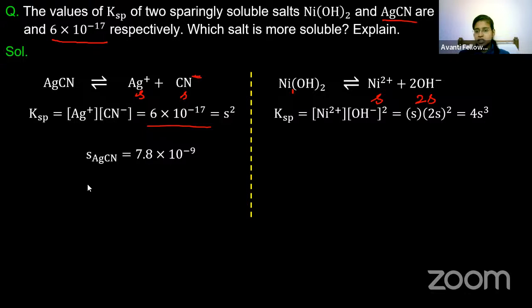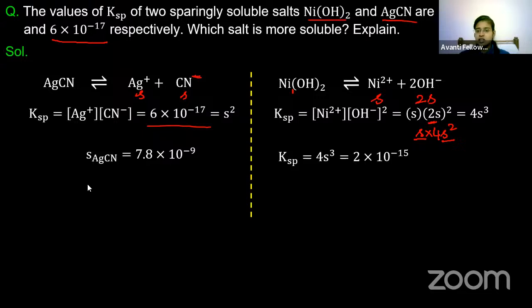Now substitute the concentration values and you will get 4s cube. 2 square is 4, and here we have 4s square, and here we have 1s, right? So it will be 4s cube. So Ksp is equal to 4s cube, which is equal to 2 into 10 to the power minus 15 for nickel hydroxide.